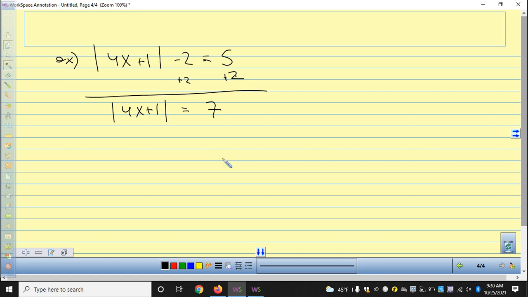Now I have the absolute value by itself on one side, so I'm going to split this. So I get 4x plus 1 equals 7, or 4x plus 1 equals negative 7. One positive and one negative, every time we solve an absolute value equation.